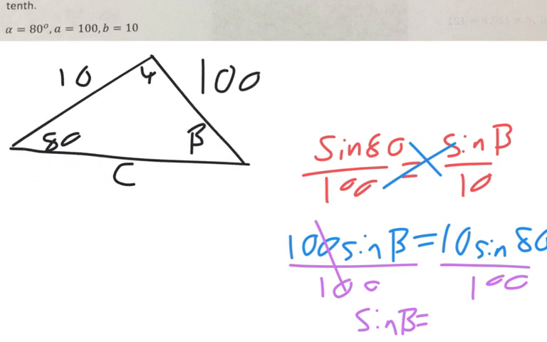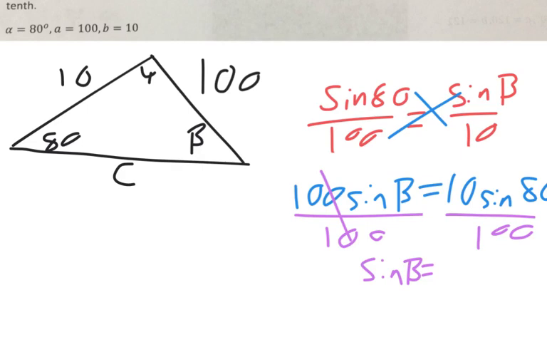So if I do the inverse sine of 10 sine 80 over 100, what did you guys get for beta? 5.7? Do I have a second? So, this is 5.7. That's a possibility for beta.